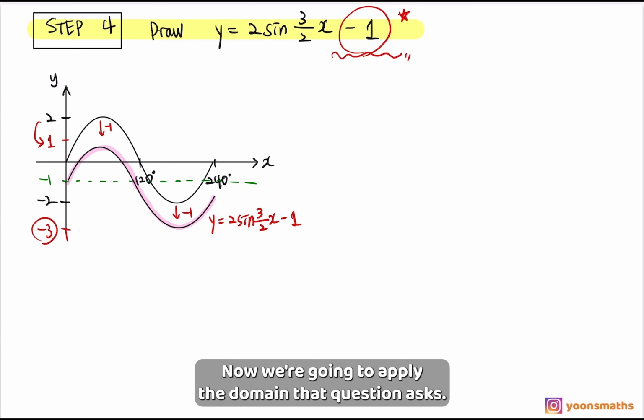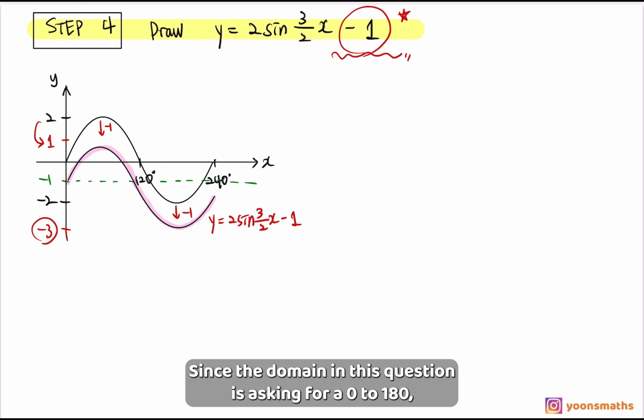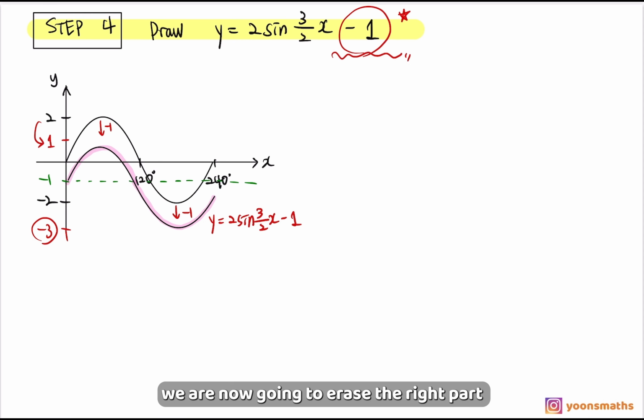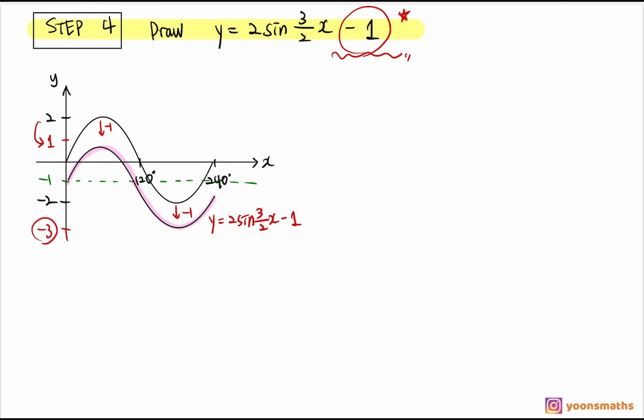Now we're going to apply the domain that the question asks. Since the domain in this question is 0 to 180, we're now going to erase the right part here.